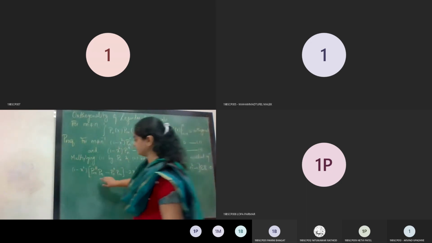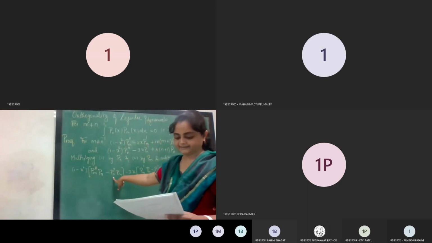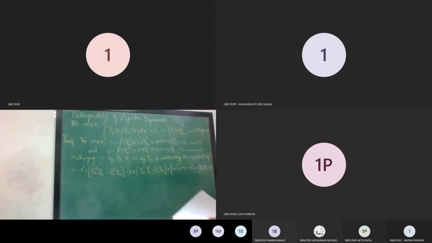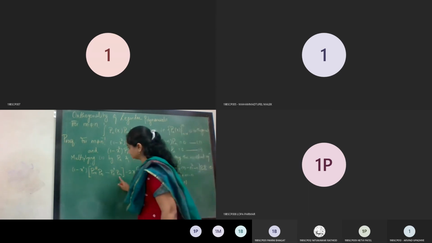Yeah. So this is the equation which we are getting. So now this is m square minus n square plus m minus n. This can be factorized as m plus n times m minus n. So when I take m minus n common, the resultant factor over here will be m plus n plus 1. Now let us come to this one.